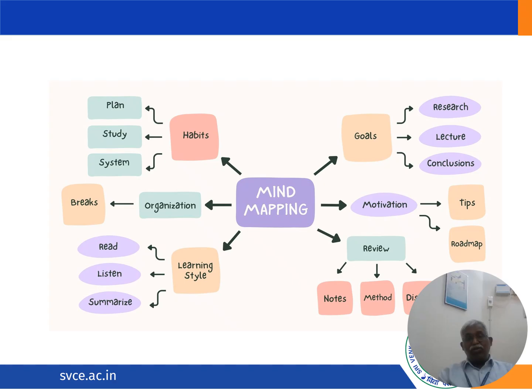Motivation: we have tips, roadmaps. Review: we have notes, method, discussion, everything. Based on that, we are solving the central information, like what our mind mapping is. Now the habit, organization, learning style, review, motivation, goal.